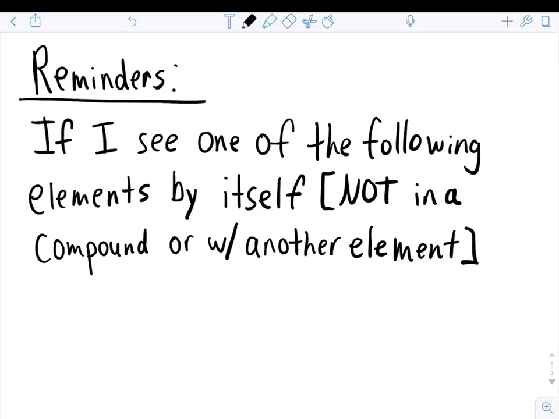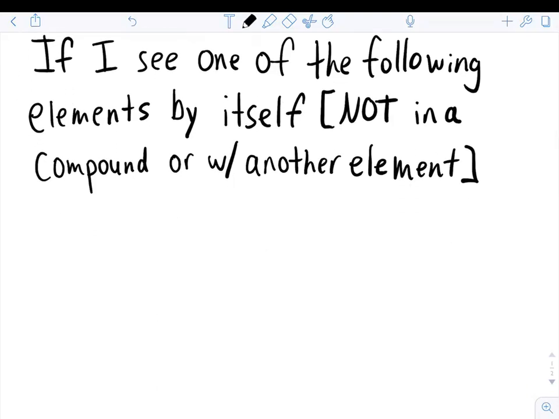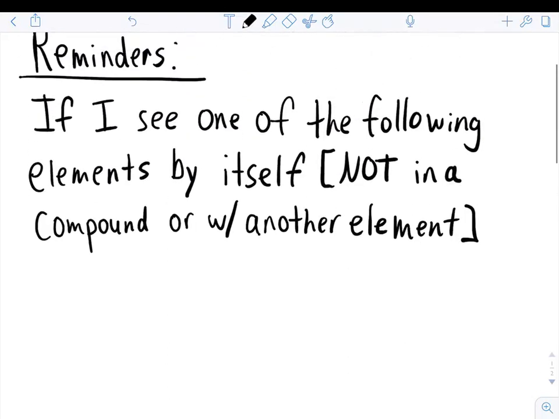Okay, so again, if I see one of the following elements by itself, meaning it's not in a compound or with anything else, and those that I'm talking about is what I call Brinkelhoff.